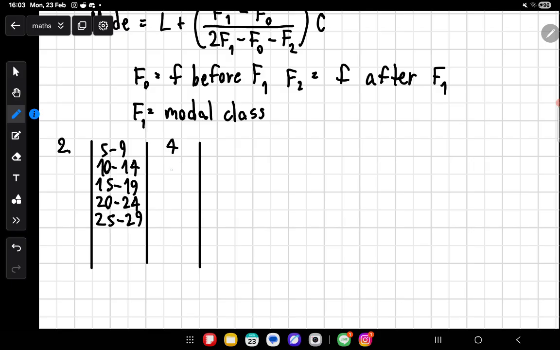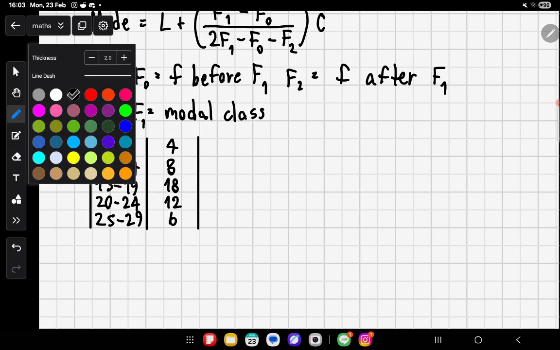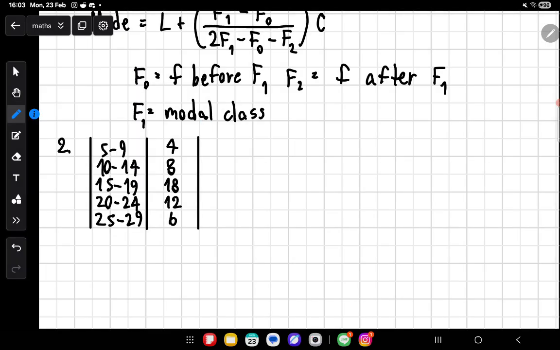The frequencies 4, 8, 18, 12, and 6. Pause the video and find your solution and your final answer. Ready? We're gonna see if you are correct.